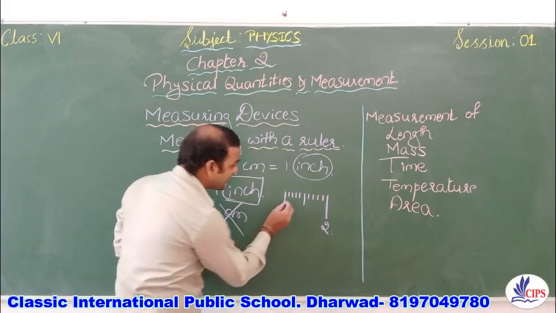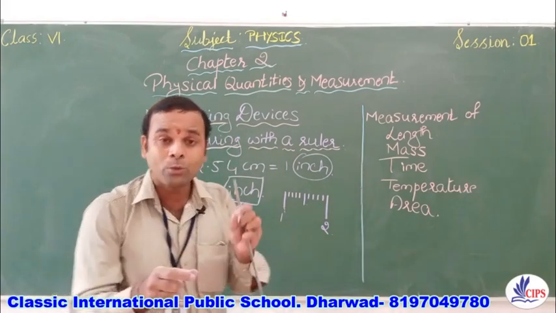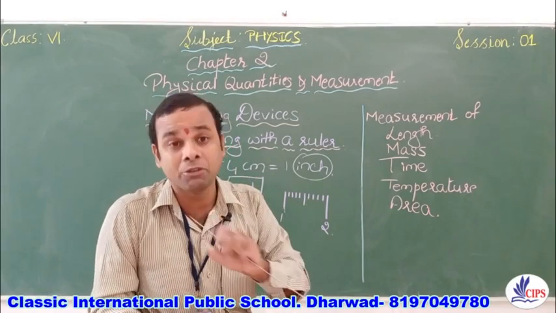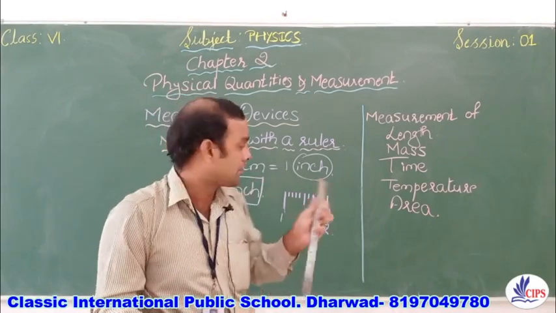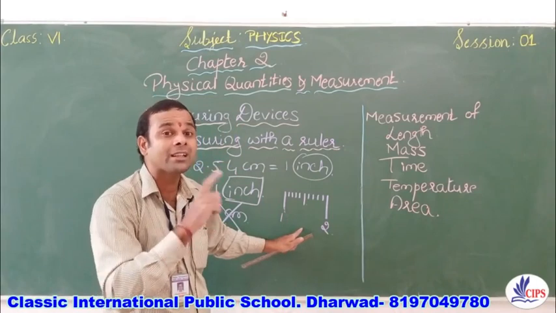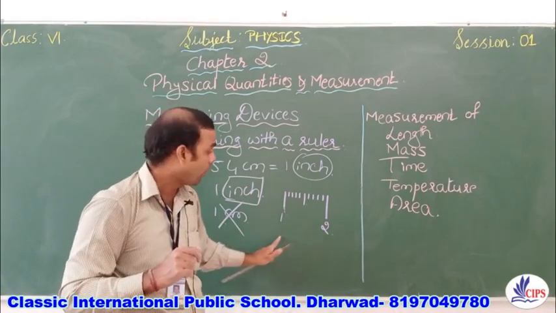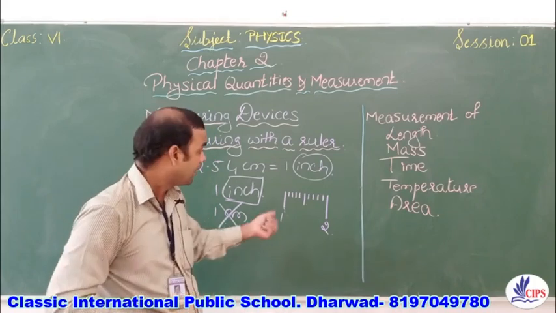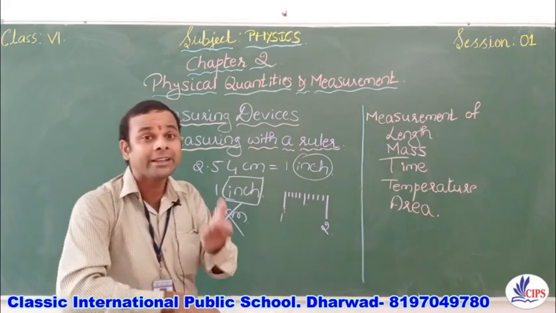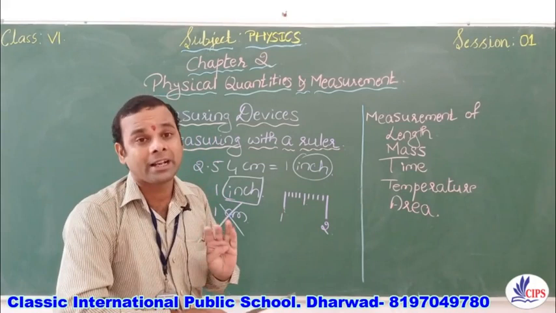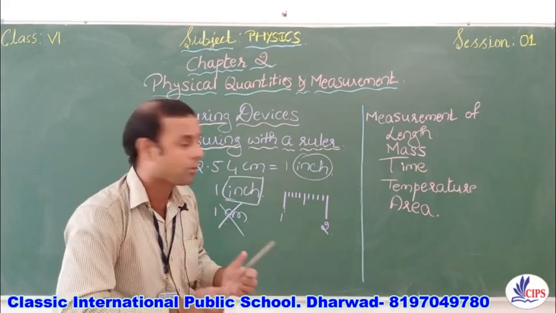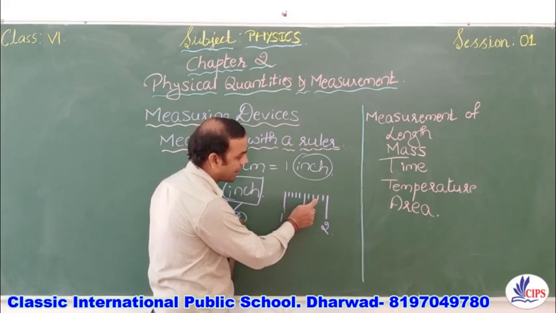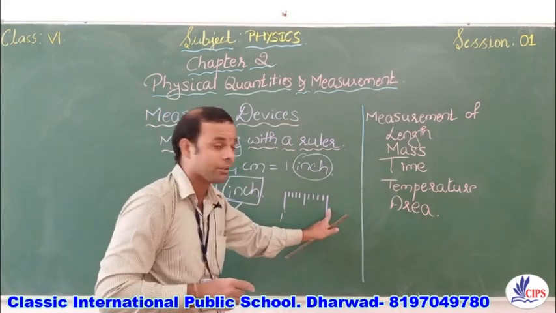When measuring you must know the terms line and division. If I start counting the number of lines from 1 to 2, there is no zero for that. So 1, 2, 3, 4, 5, 6, 7, 8, 9, 10 and 11.